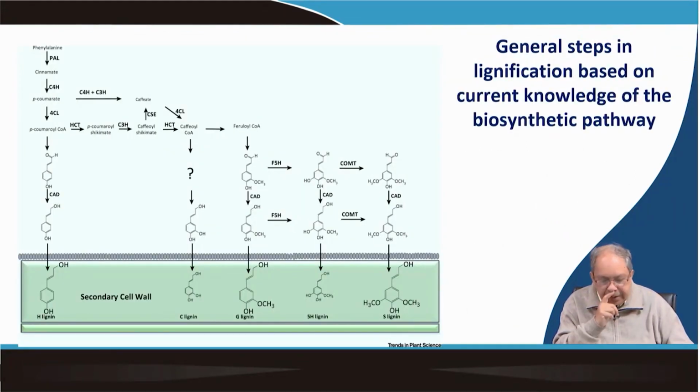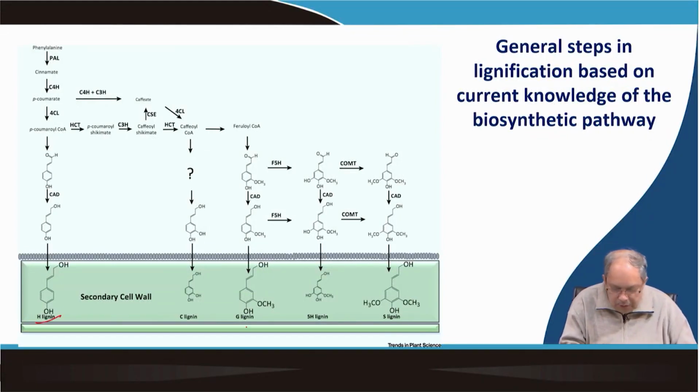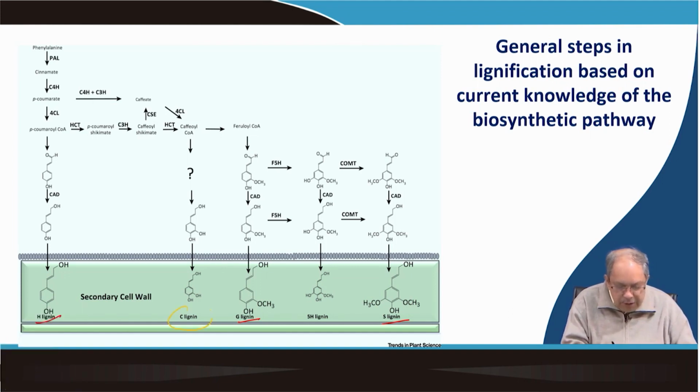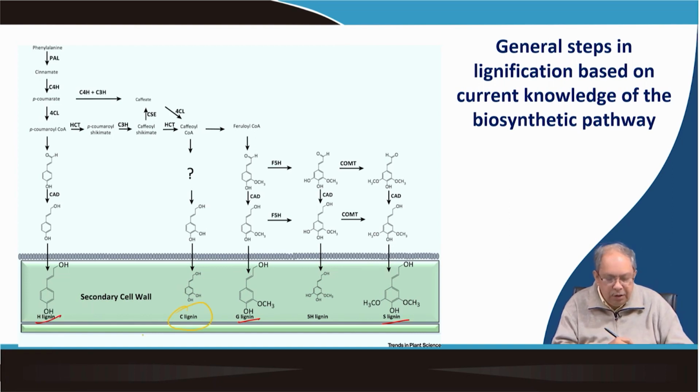Okay. And finally, apart from H lignin, G lignin and S lignin, recently there are arguments and evidence that C lignin, which is from the caffeoyl, is a possibility that can also be formed.